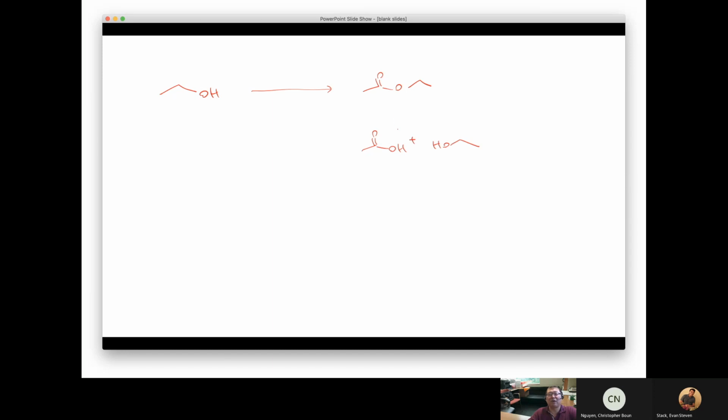If you have those two together and then add a strong acid, then you can make an ester. That part is just the same as that part. So we can identify that ethanol can be used as the alcohol for the esterification, but we don't have the acetic acid there. So then we need to think about how we can prepare acetic acid from ethanol, right?